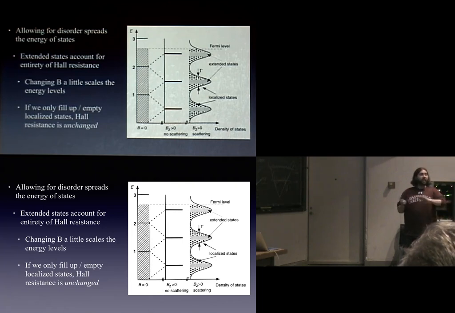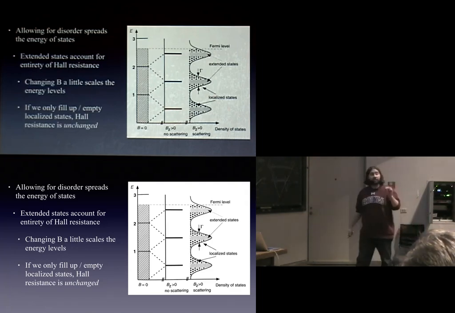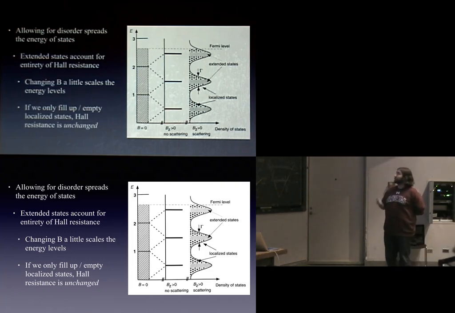So again, if I didn't have any dirt, I would have these exactly degenerate flat energy bands where all of these states are at exactly this energy, and they're all very extended. They all contribute to current flow. But that's not actually what happens. Because of the dirt and the disorder in the system, these sharp peaks get broadened.